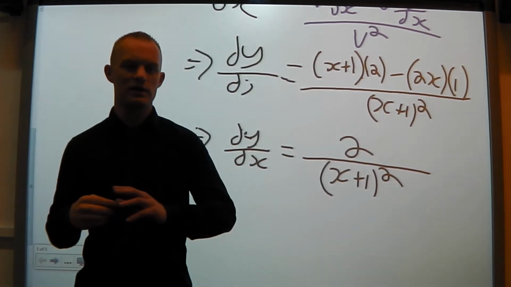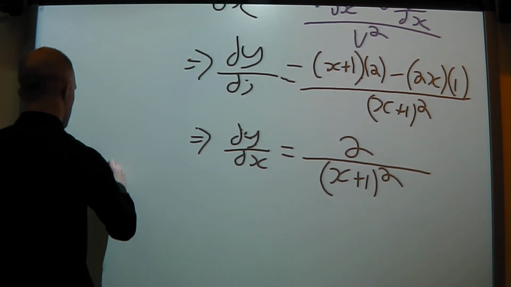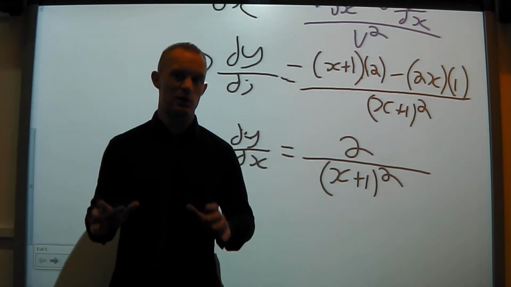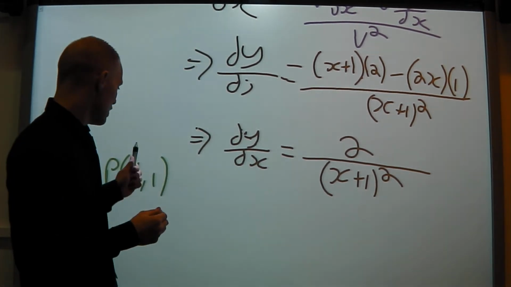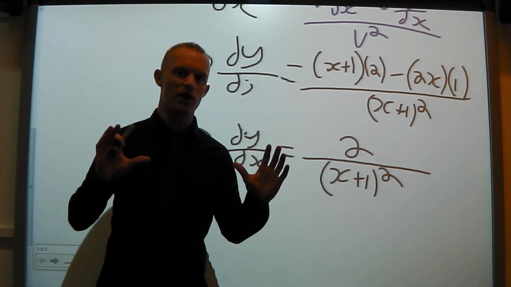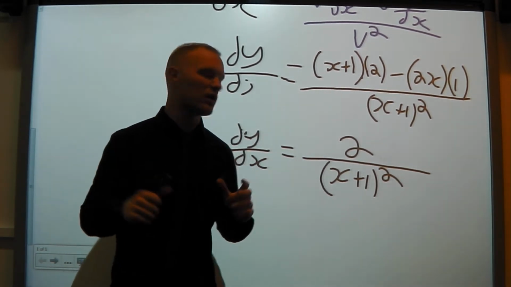So now we're told that the coordinates of P are 1, 1. And the slope at P is also the same as the slope at Q. So if we find the slope at P, then we put that into our slope formula and that'll give us another value for x, and that'll be the Q coordinate.